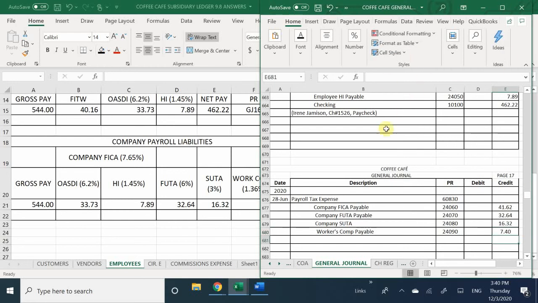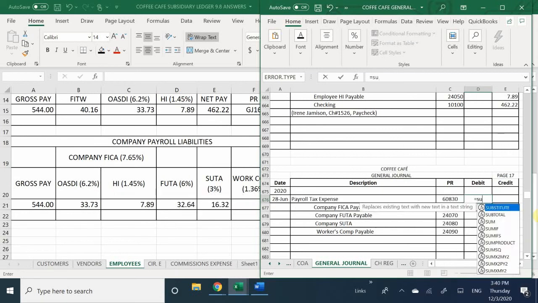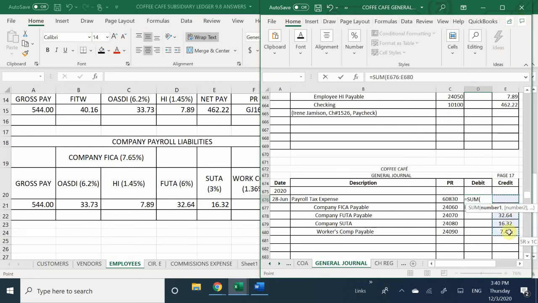Bringing our total payroll tax expense to $97.98. I'm going to make sure I didn't type anything else wrong in here. Equals sum. 97.98. Yes, beautiful, perfect.